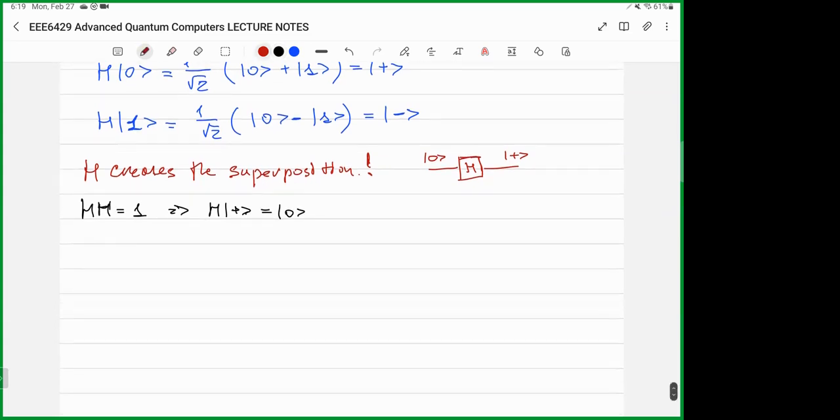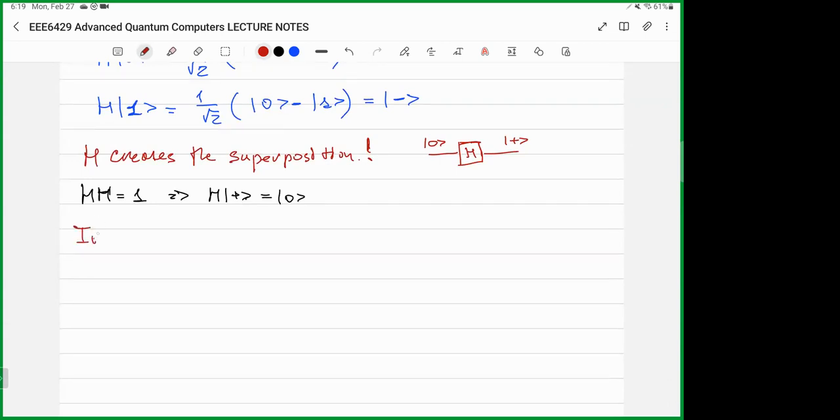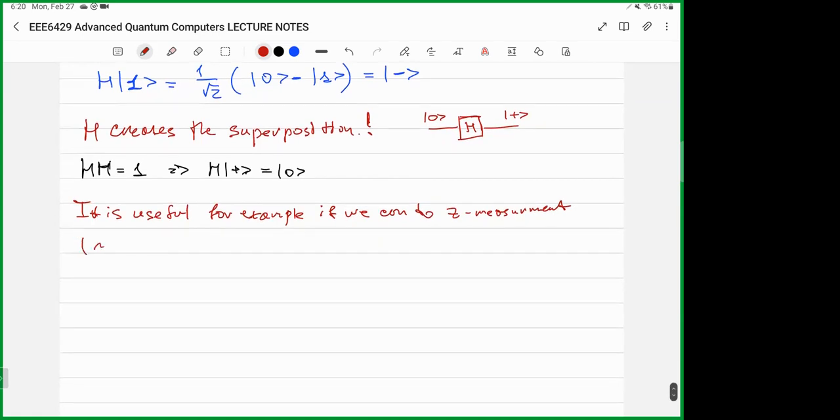Let's write this down. So it is useful, for example, if we can do z measurement, or measurement in the z basis, but can't do x measurement.